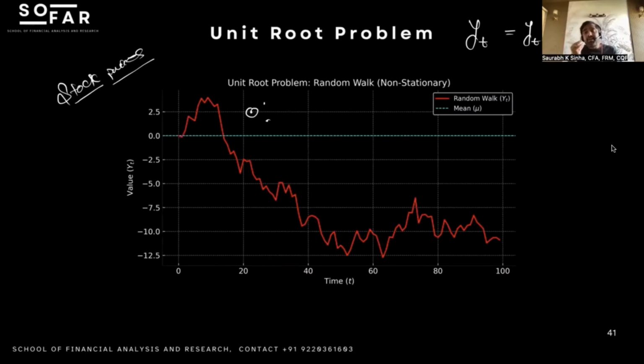Because if I have to predict something which is completely random, the best estimate for that random entity is the previous value. It's not the mean because it's random. The best estimate is the previous value plus a shock.